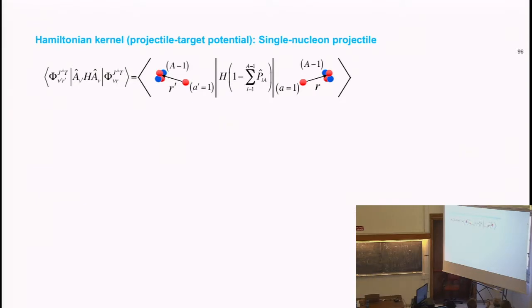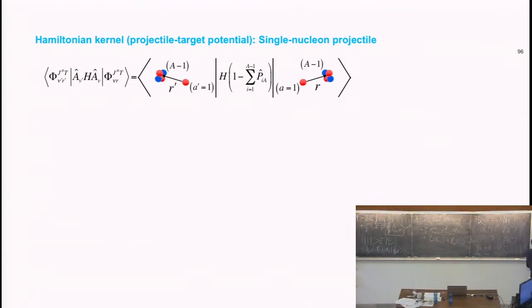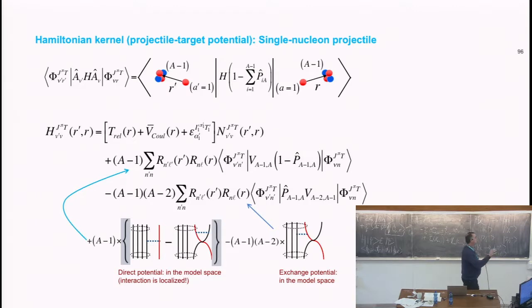Now we also need to calculate this Hamiltonian kernel, if I add the H there. Again, for this case where I have a single nucleon projectile, it is the H acting on this one minus the transpositions. So now this becomes more complicated. I will not talk about it in more detail, but I just want to point out that I have some part which just goes with this one here, and that's this first part.